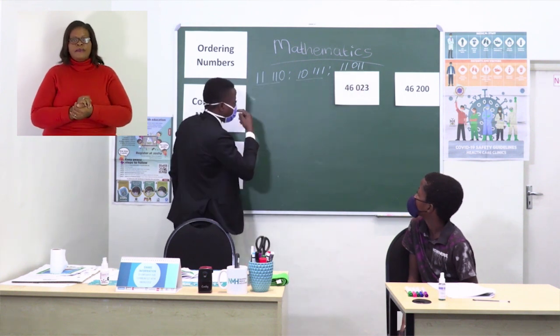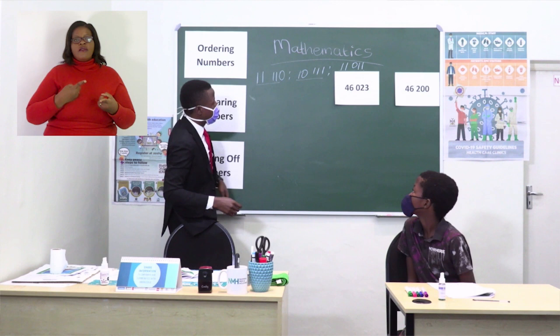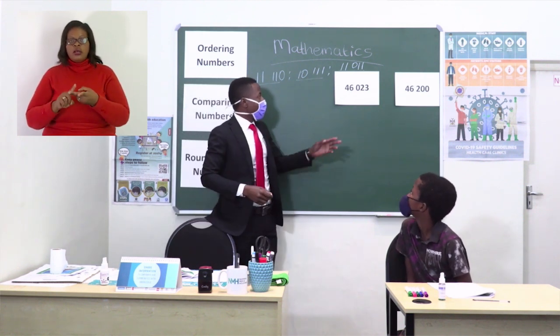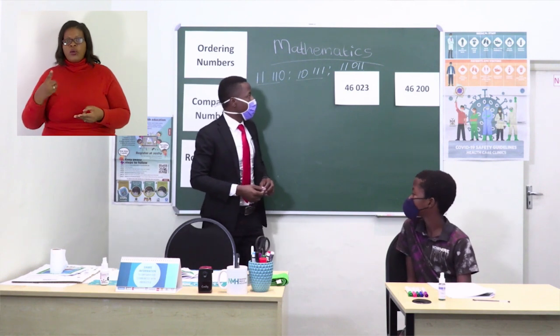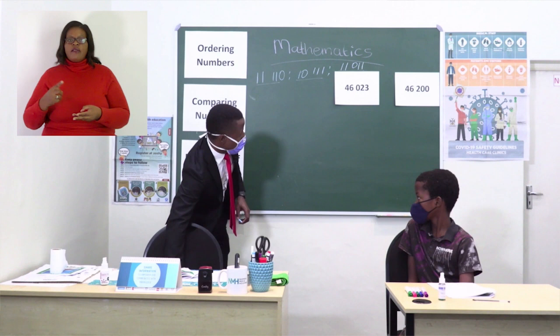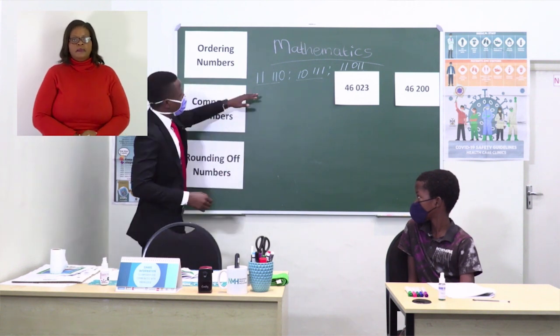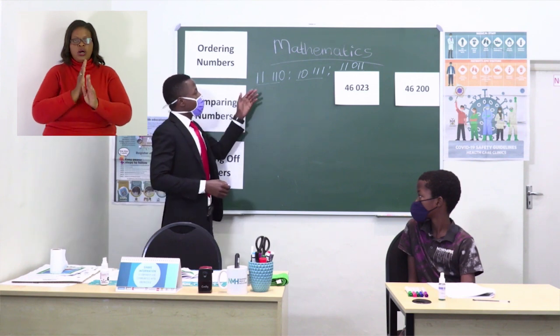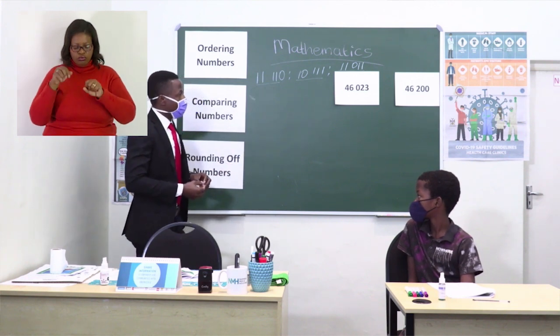The first one is 11,110. The second one will be 10,111. And the third one is 11,011. So to put these numbers in order, you need to know which number is the smallest and then which number is the largest.